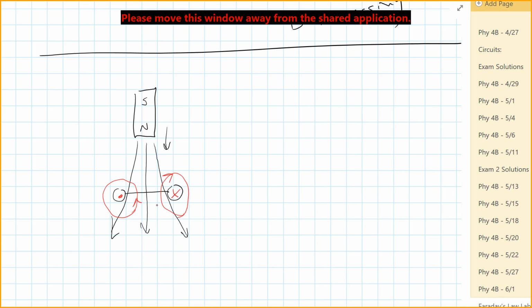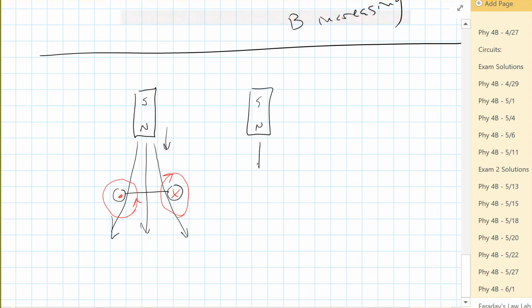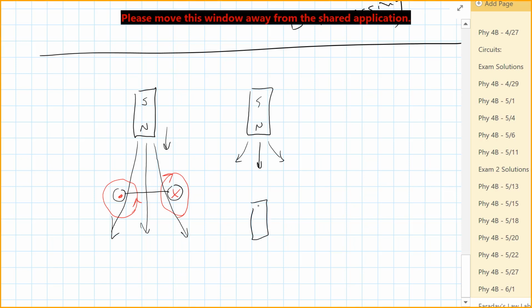Good question. Will it slow down? The magnet is creating its field, and that loop of wire sort of looks like a magnet, doesn't it?